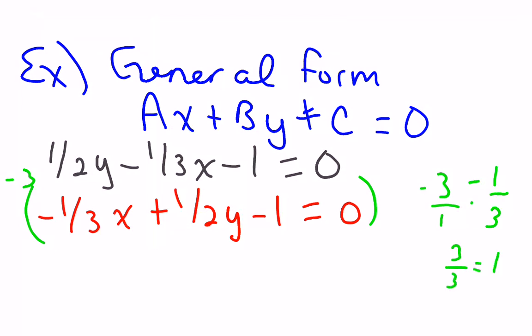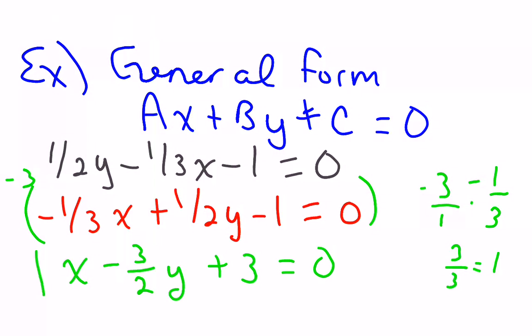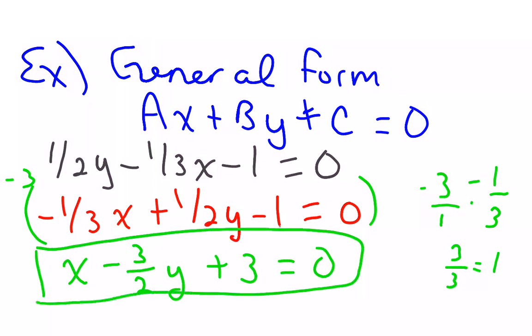That's the idea. So we have 1x. But then we have to do it to the other one. So -3 times 1/2 becomes -3/2 y. And -3 times -1 is a +3 equals 0. And so this would be our final answer.